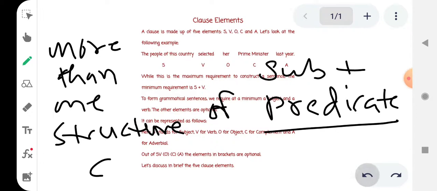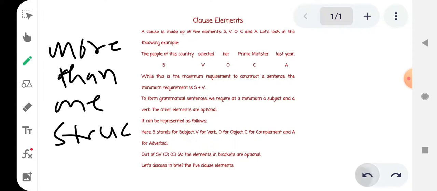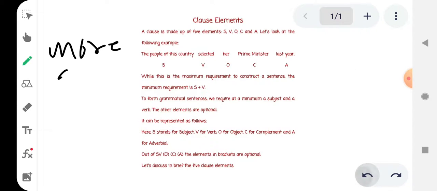In this example, there are two such structures of subject and predicate. That means there are two clauses. These two clauses are combined together to form one single sentence.